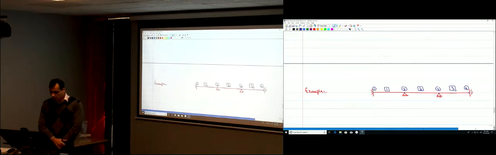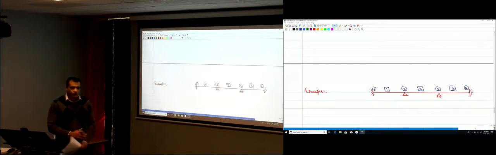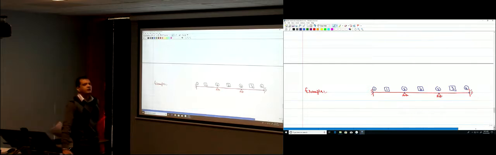At each node, there can be 2 motions, right? Generally, there can be 3: a vertical displacement, a horizontal displacement, and a moment, or a rotation. But for beams, we're neglecting the horizontal displacement. We're saying there is no horizontal displacement.